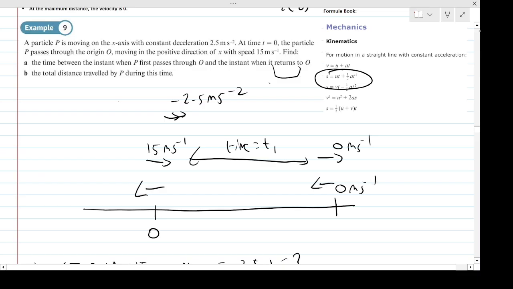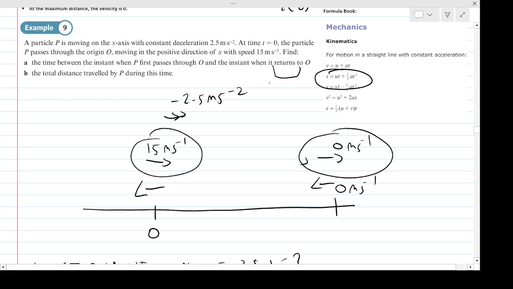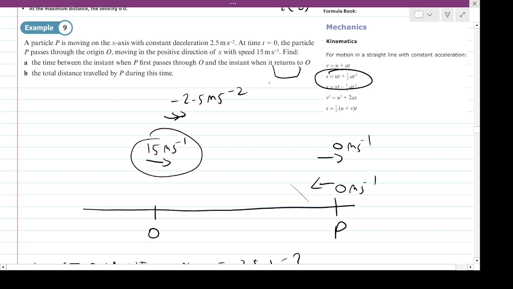I can split this up into two journeys, where it starts at 15 and comes to rest, and then it starts to move backwards from 0 speed and ends back at O. If I call this point P, actually no, they've already used P. Let's use the point A to represent the point where it goes to 0 speed.